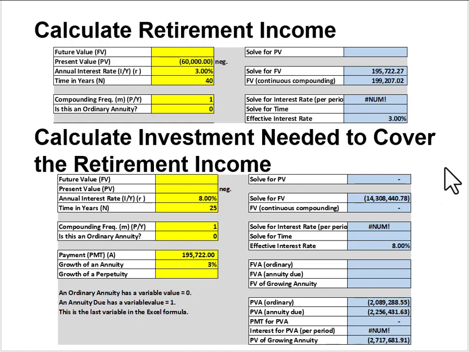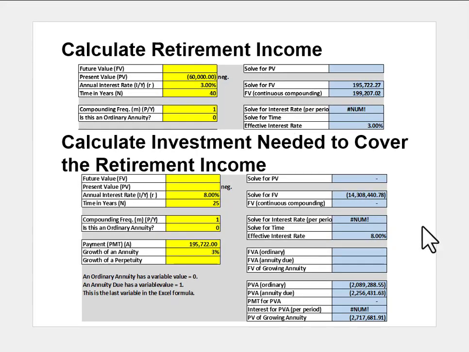We need to know how much money you're going to need to receive during your retirement years. So let's assume you currently make $60,000 a year. Inflation is currently 3%, and you plan to retire in 40 years.